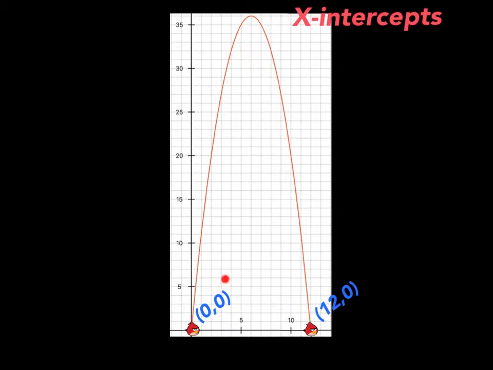Parabolas have x-intercepts, which are the places on the x-axis where the parabola crosses through the x-axis. And parabolas can have two x-intercepts like shown here, or one x-intercept, or no x-intercepts at all.